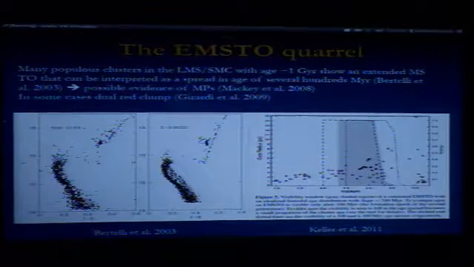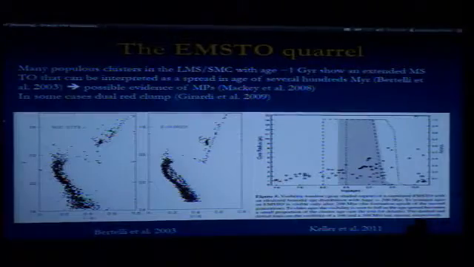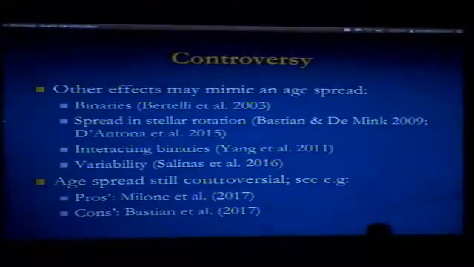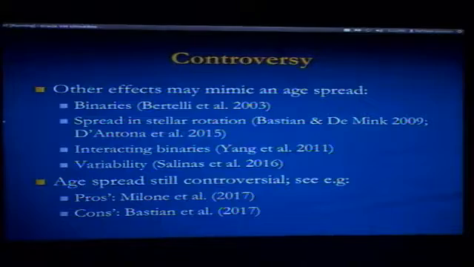The first thing is that there may be binaries. And the second thing is that it was found that there may be the effect of stellar rotation that widens this sequence. So they began to construct models and try to understand if, for instance, rotation or binaries can explain the spread that you have.